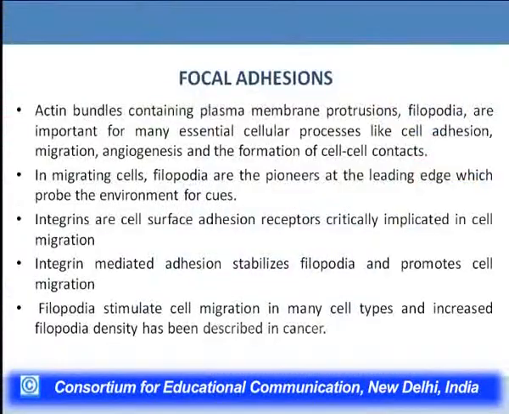In the case of hemidesmosome, we had intermediate filaments towards the cytoplasmic side, but herein are present actin filaments, and these also help in fixing the cell to a specific place. And it has been seen that in cancer cells such an arrangement doesn't occur, and focal adhesions are not there. So a number of cancer cells can migrate from the original site to various places in the body of the organism.